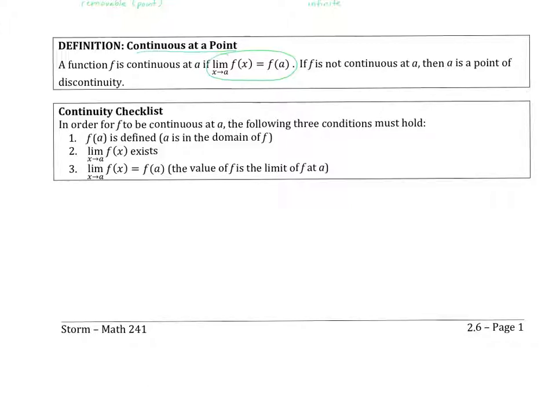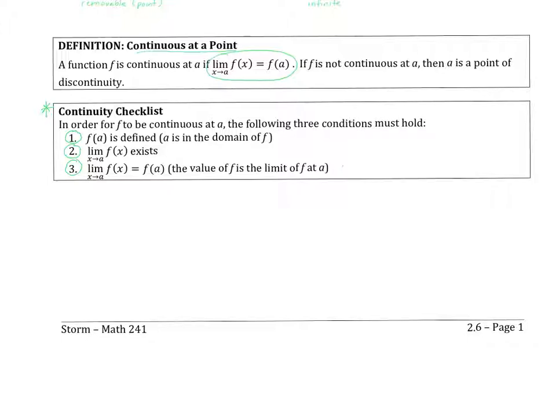What we're really going to use when we check for continuity is this continuity checklist. Okay? So when we check to see if a function is continuous, we have to first make sure it's defined, right? There's no hole there. And then we have to check to see if the limit exists. The last thing we check for continuity is that the limit is equal to the value of the function.